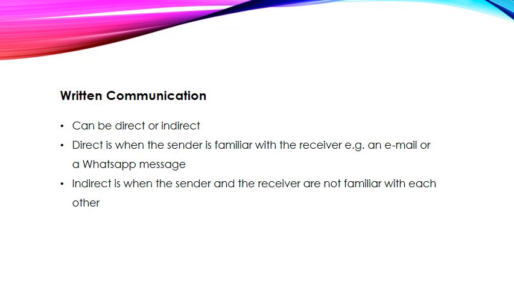You don't know her. She doesn't know you directly. So that is indirect written communication. It's when you read a newspaper, magazine, things like that, an advertisement. But when you know the writer of the message, it is the author. I should use proper English. But when you know the author, it is direct written communication.